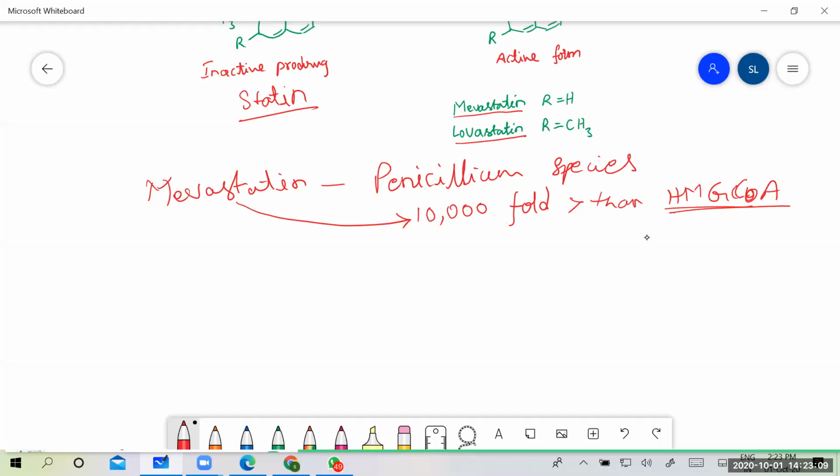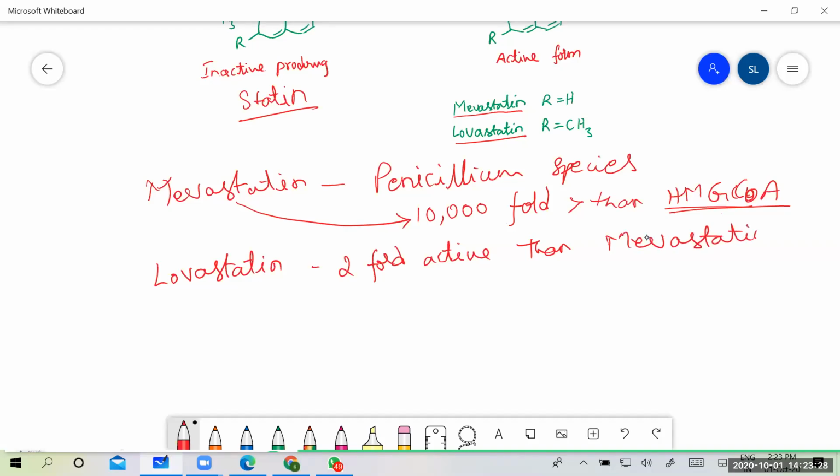Okay, then you have another drug, lovastatin. This lovastatin is twofold more active than myostatin.